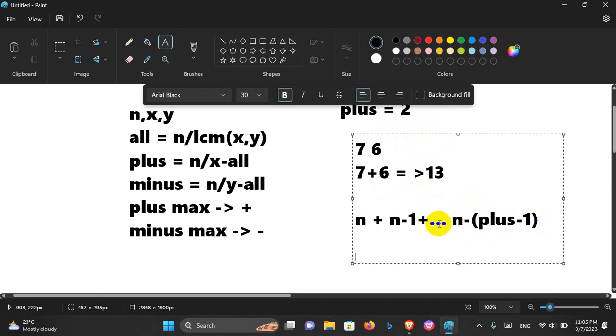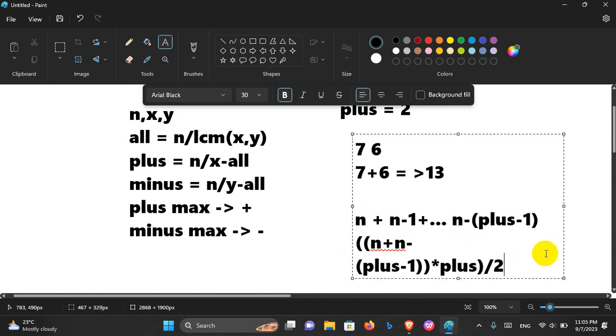To add all of these values, we add the first value and the last value, n plus n minus plus minus 1, and the number of elements in the sequence is plus, so all of them divided by 2.